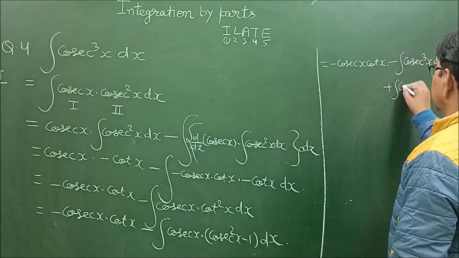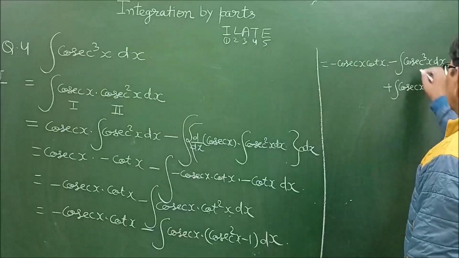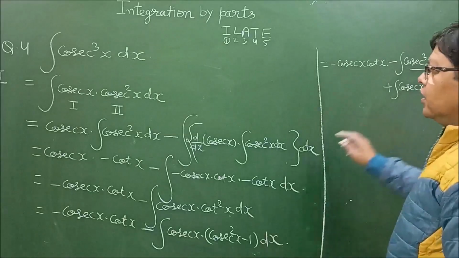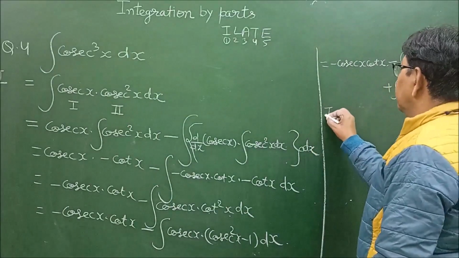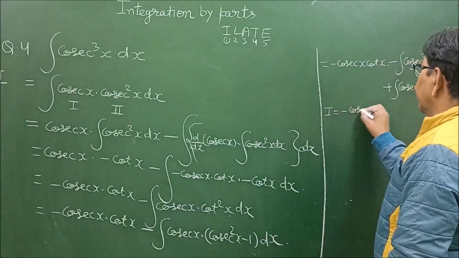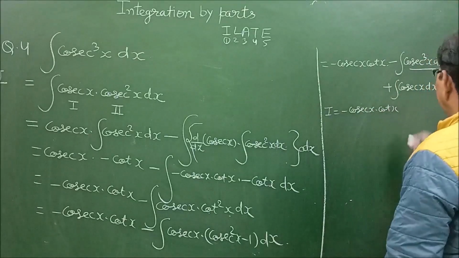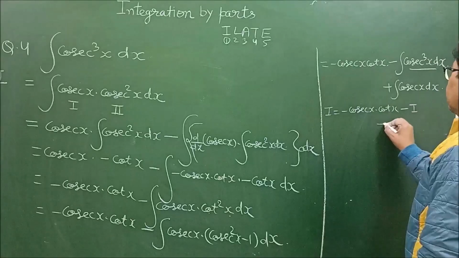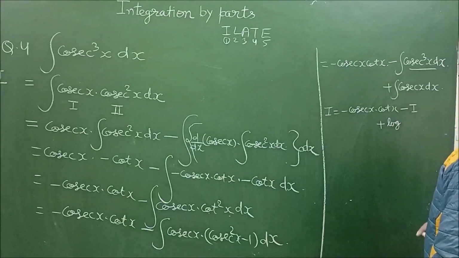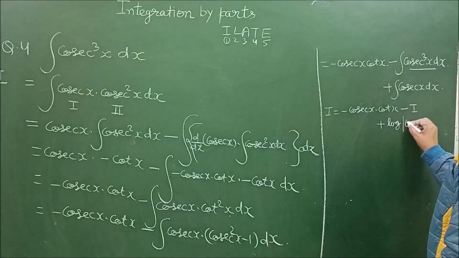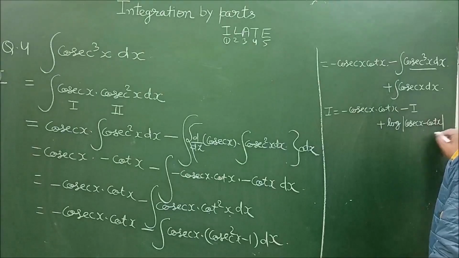Now this integration of cosec cube x dx is equal to I. So I is equal to minus cosec x cot x minus I plus integration of cosec x, which is log of mod cosec x minus cot x plus c.